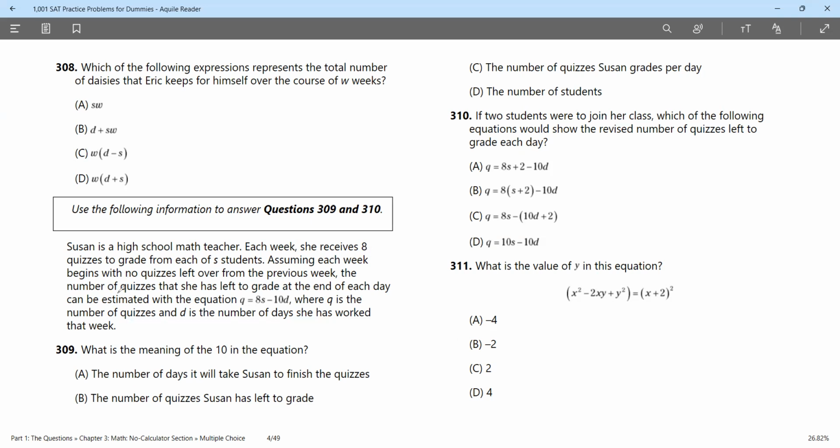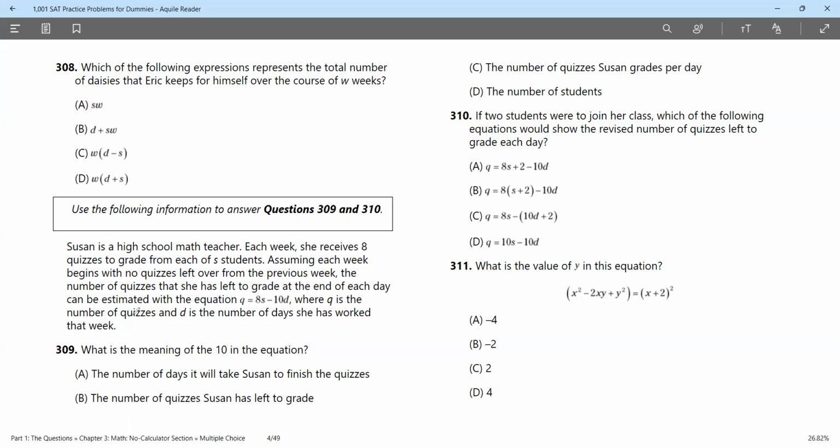So the number of quizzes that she has left to grade at the end of each day can be estimated with this equation: Q equals 8S minus 10D, where Q is the number of quizzes and D is the number of days she has worked that week.